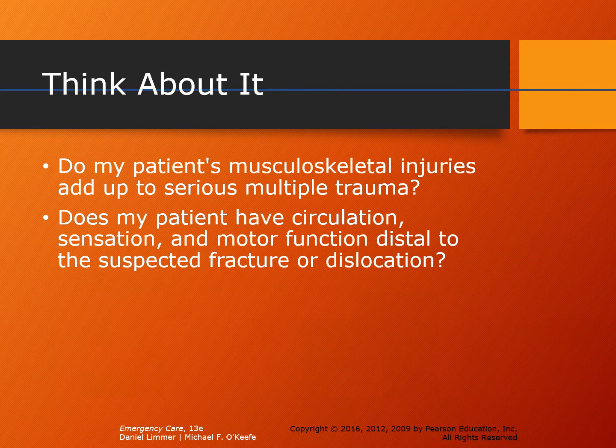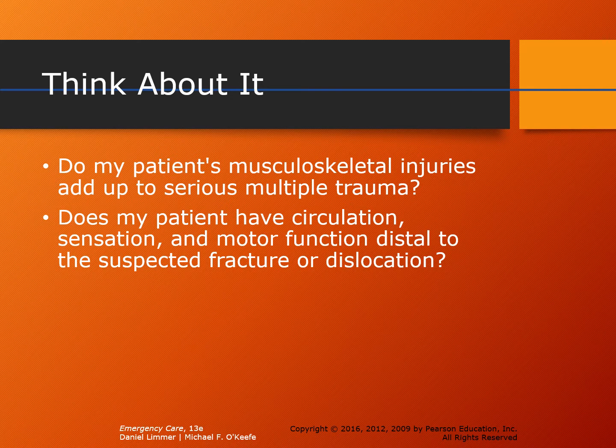So I want you now to think about it. Does your patient's musculoskeletal injuries add up to a serious trauma or a serious multiple traumatic injury type? Or is this isolated? Do they have a broken arm, or do they have bilateral fractures of the radius and ulna? Do they have a broken femur, or do they have a comminuted fracture of the femur?